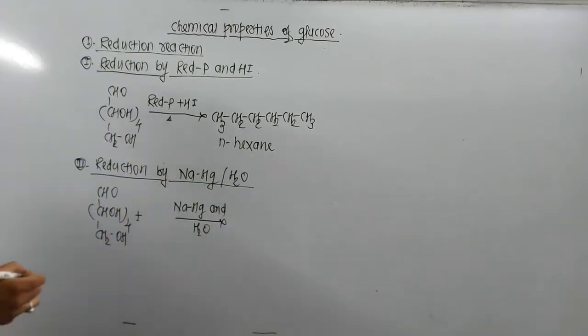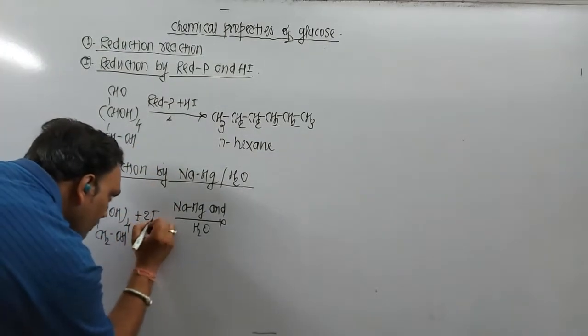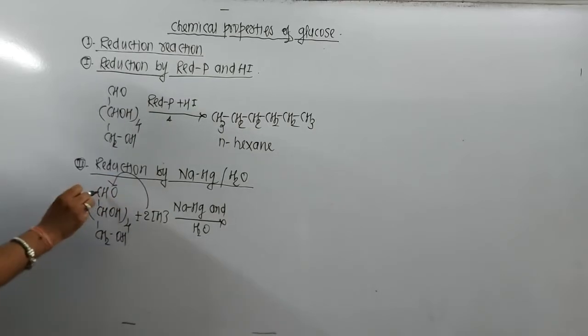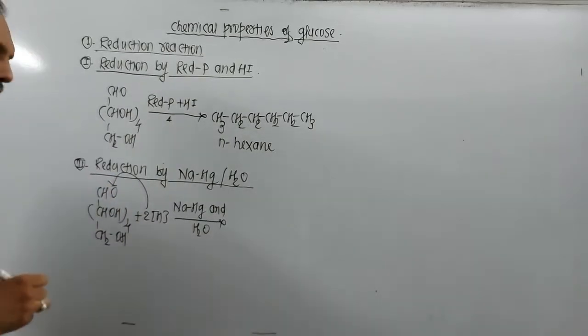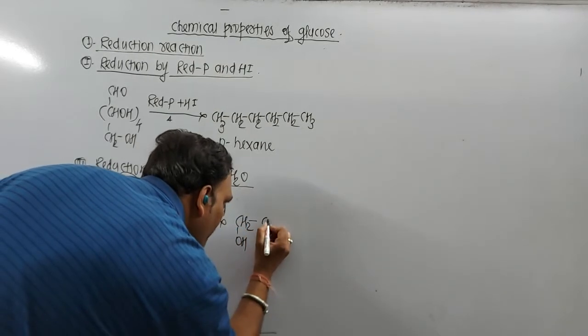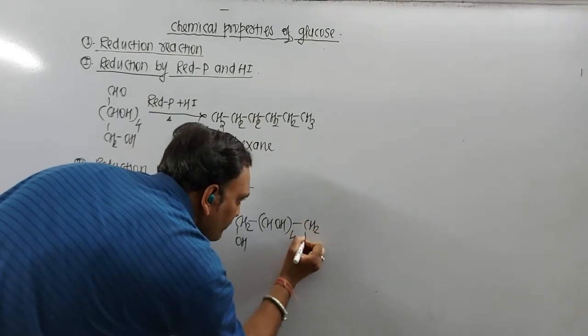So remember what the reducing agent does. It undergoes self-oxidation, providing nascent hydrogen. And these nascent hydrogens will get added at the aldehyde group. And thereby, the sorbitol is obtained. So sorbitol can be given in this manner.